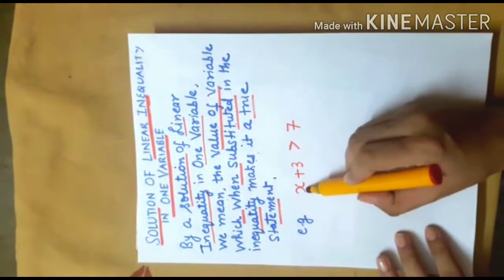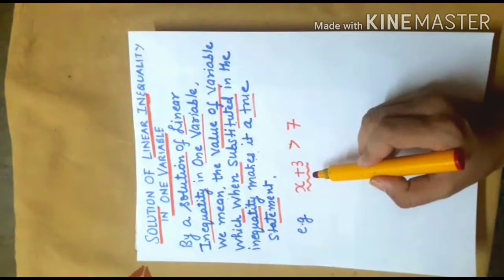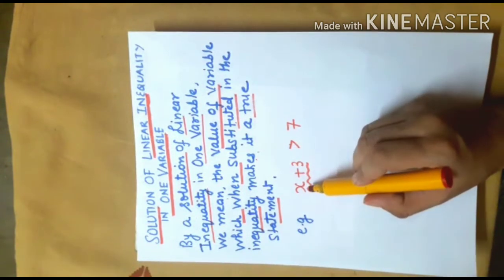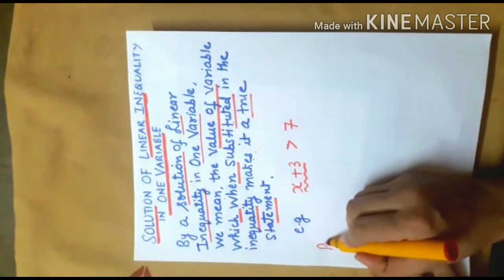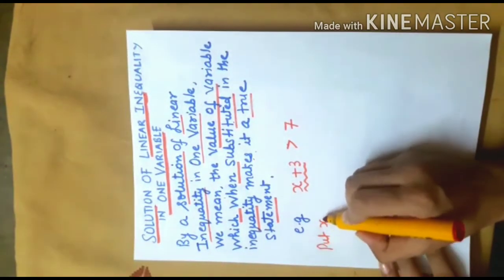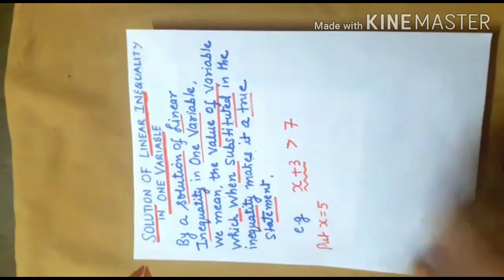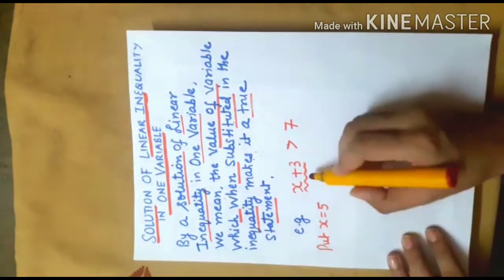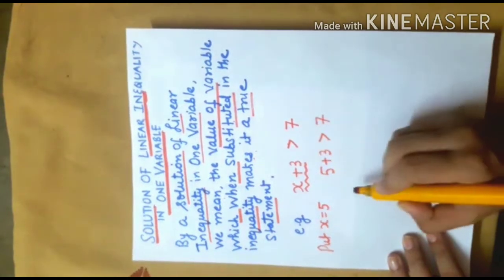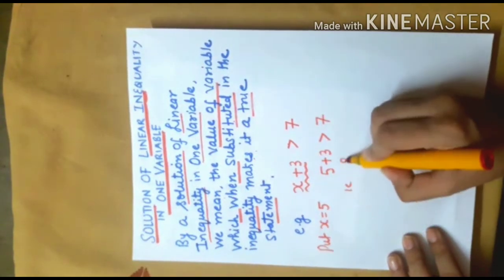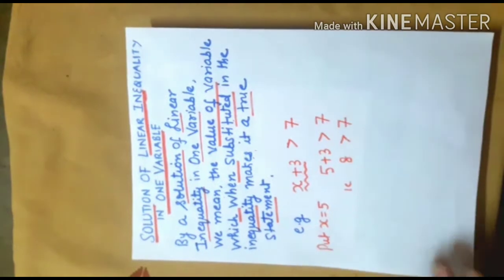As it is a polynomial of degree 1, it is a linear inequality in one variable, right? Now, if I put x equal to 5 in the inequality, I'll get 5 plus 3 greater than 7, that is, 8 is greater than 7.